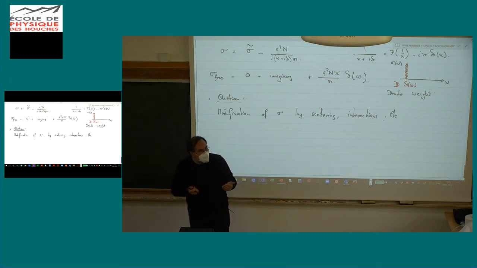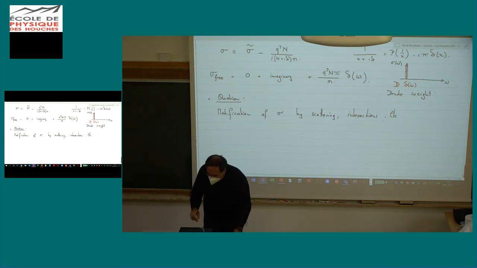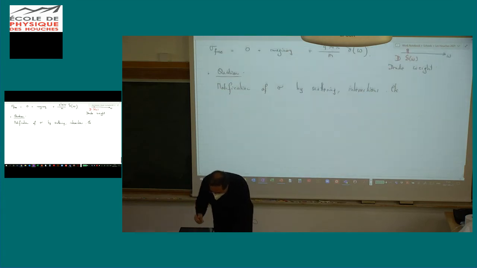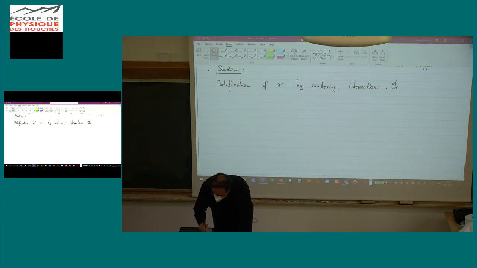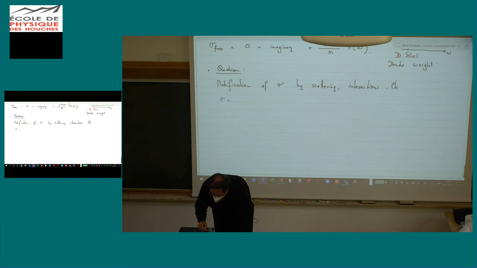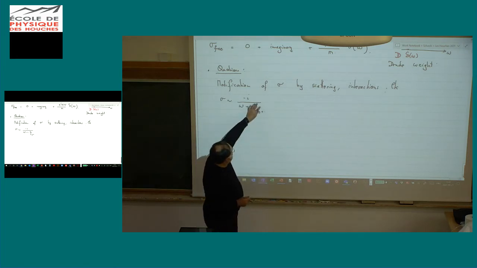One very naive way would be to say, look, for perfect particles sigma was something like I or minus I divided by omega plus I delta, and this delta was 0 plus. This is a kind of a lifetime.